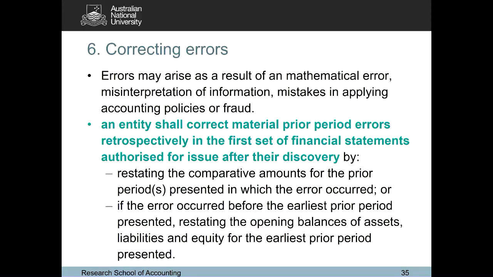And you need to restate the comparative amounts for the prior period presented in which the error occurred. Or if the error occurred before the earliest prior period presented, restate the opening balances of the assets for the earliest prior period presented. You might be a little bit confused. It's 2018 now, I'm preparing, and I discovered some error in 2016. The first available year is the current year.